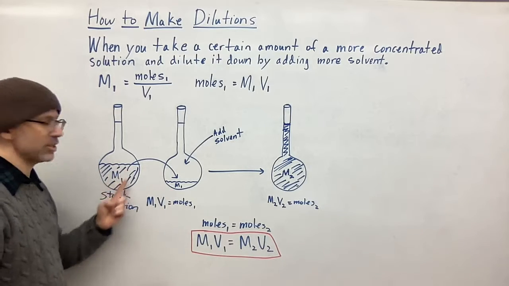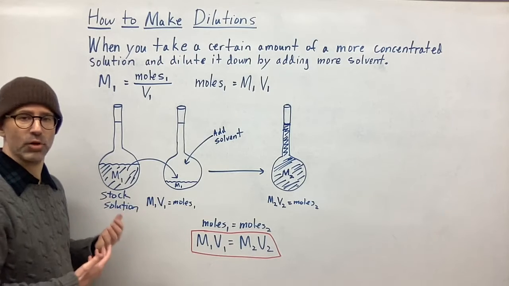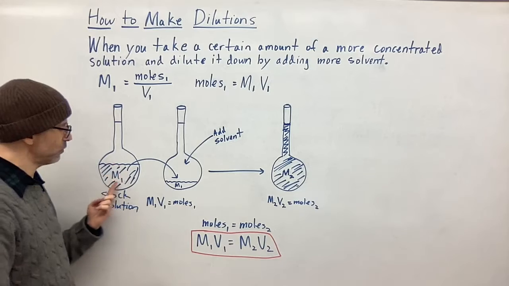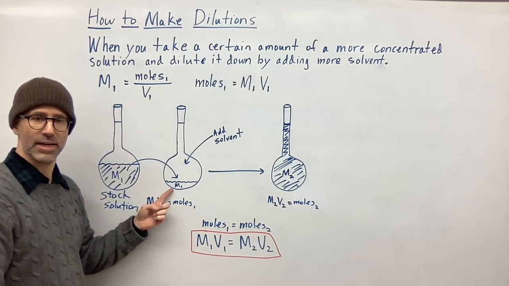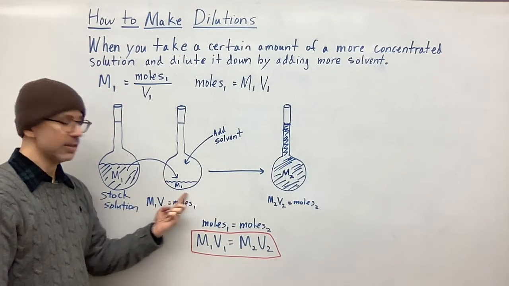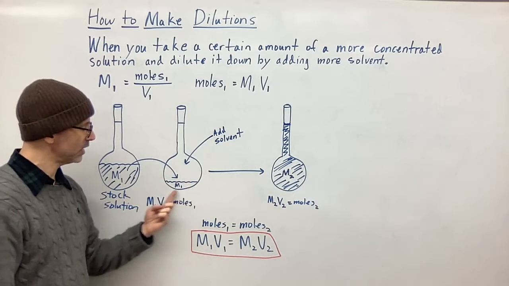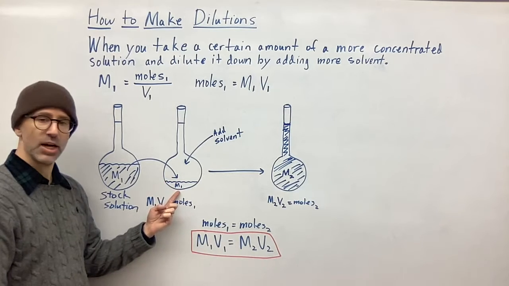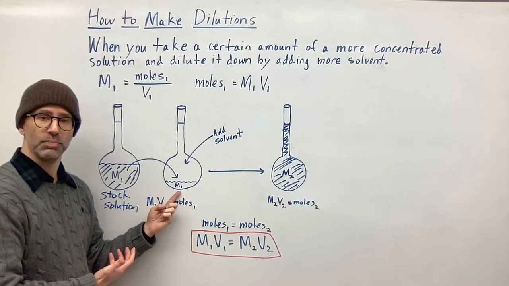So this has a certain concentration. Let's call that M1, for molarity 1, for the first solution. I'm going to put some of it into my empty flask. The molarity doesn't change. The volume of the solution here is my V1, my starting volume.